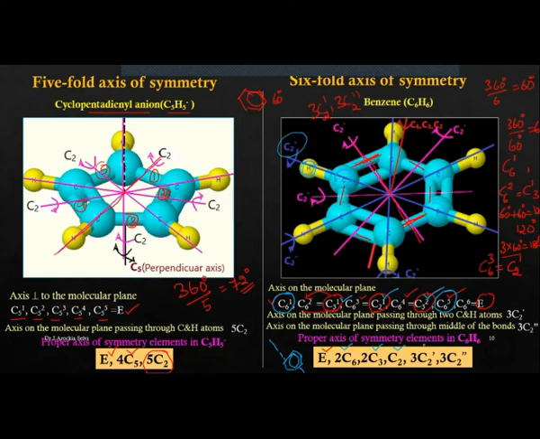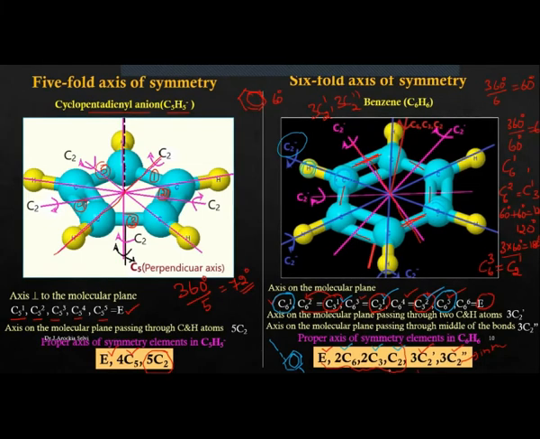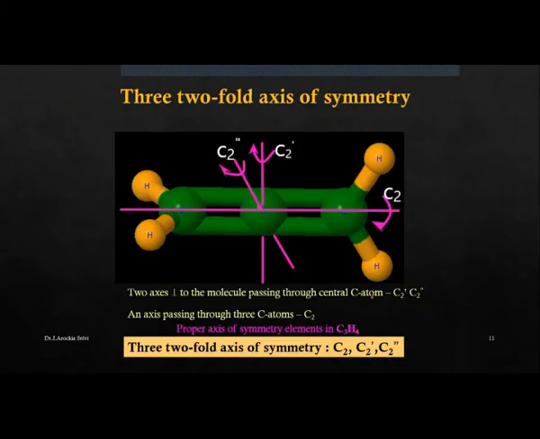It is summarized here: 3 C2 prime, 3 C2 double prime. These two are in the plane. Up to this one, these are perpendicular to the plane. So this is how we can find the various symmetry elements, that is the rotational axes of symmetry, for molecules.